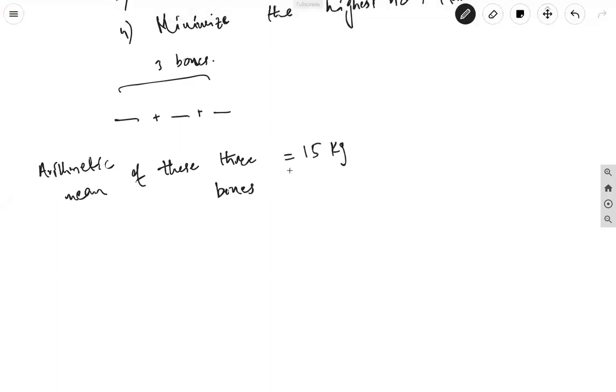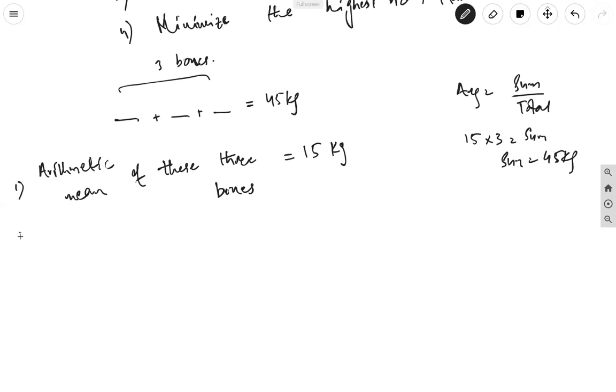If the arithmetic mean is 15 kg, then we know the average is sum divided by total number. Arithmetic mean is 15, total number is 3, so the sum will be equal to 45 kgs. So if we add these three boxes' weights, this will be 45 kgs.